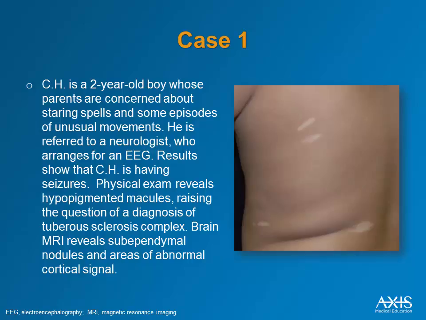In addition, a physical exam is done, which reveals the hypopigmented macules that you've seen before and you see again before you now. And this raises the possibility that he has tuberous sclerosis complex. He goes on to have a brain MRI, and this reveals some of the characteristic lesions, including the subependymal nodules and abnormal signal within the cortex.